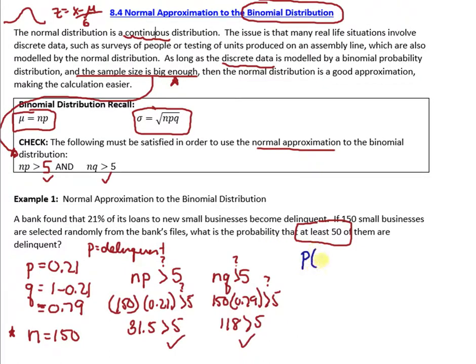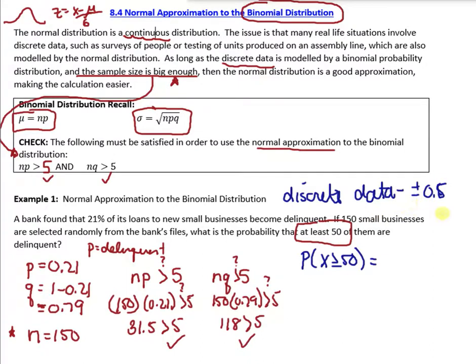Now, here's the actual question. What is the probability that x is greater than or equal to 50? We must remember, because this is discrete data, we need to account for the error for the exact number of 50. So we use plus or minus 0.5.